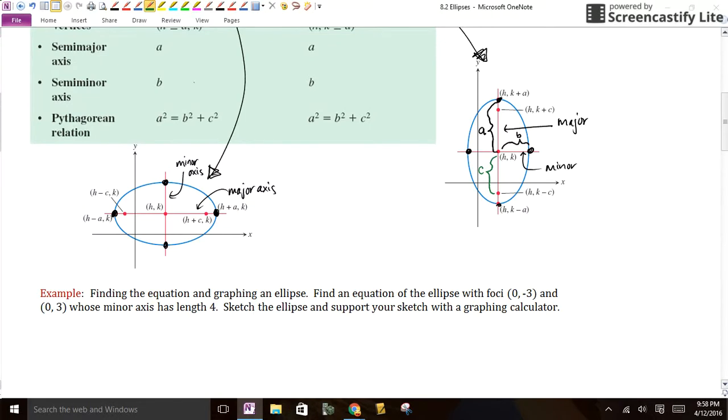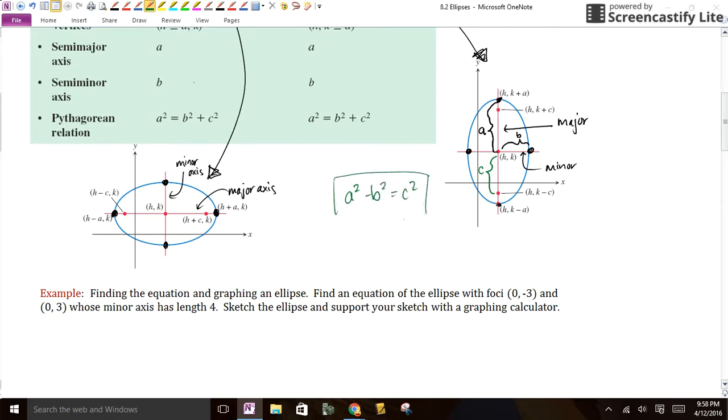So that's really important to know: A is the distance to the vertices, B is the distance to the co-vertices, and C is the distance to the foci. And we might as well give you the equation for that too: A squared minus B squared equals C squared.